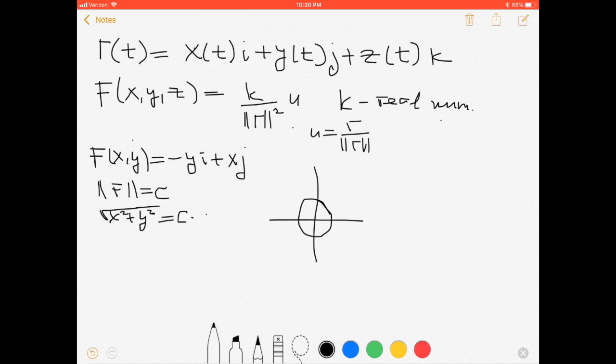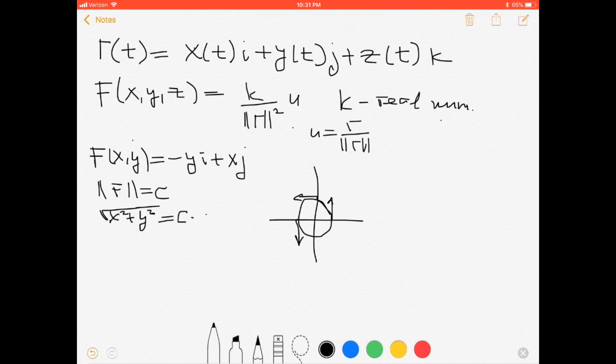If we have the point with coordinates (1, 0), our vector will be j. If the point is (0, 1), your vector will be negative i. If you have the point (-1, 0), you have negative j.